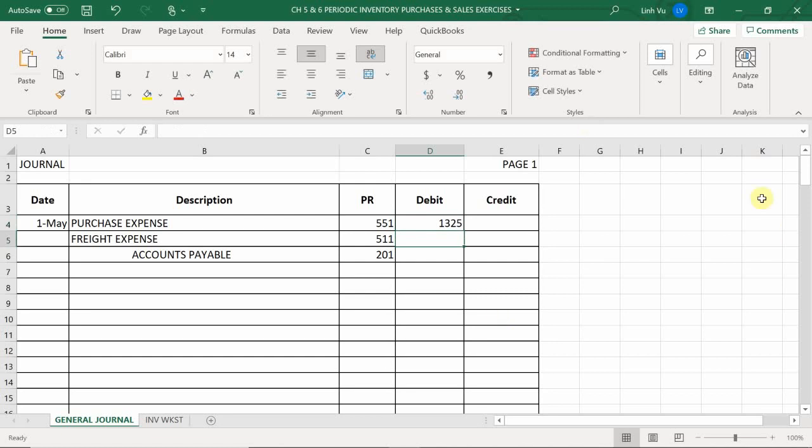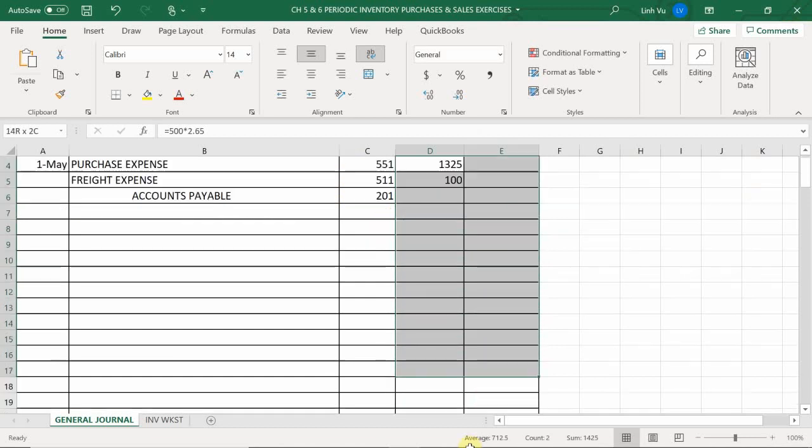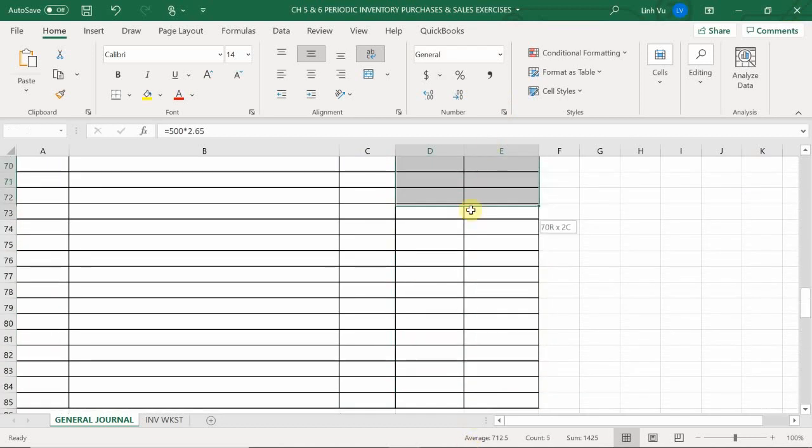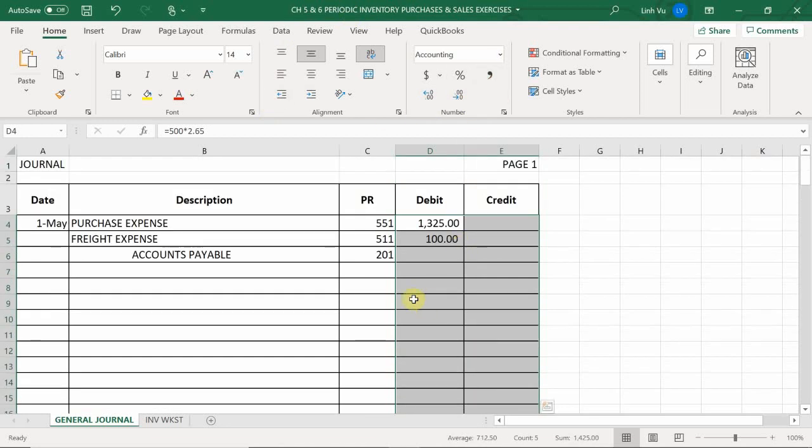Good. Freight was $100. So therefore, on an account, how much was the total? 1,425.